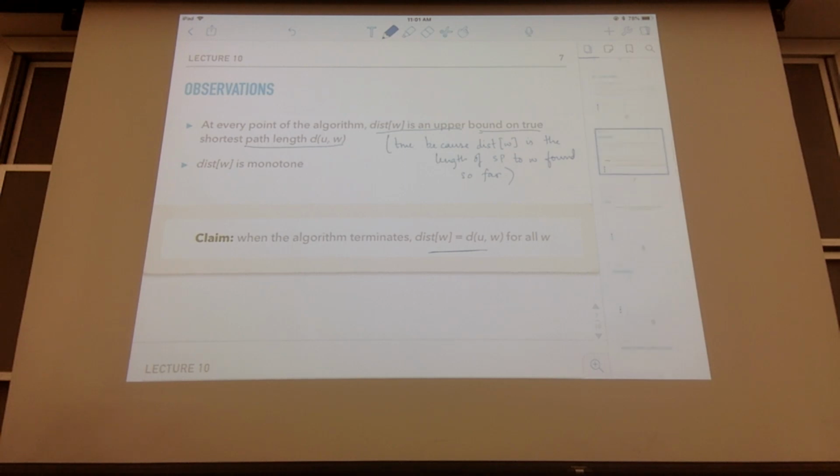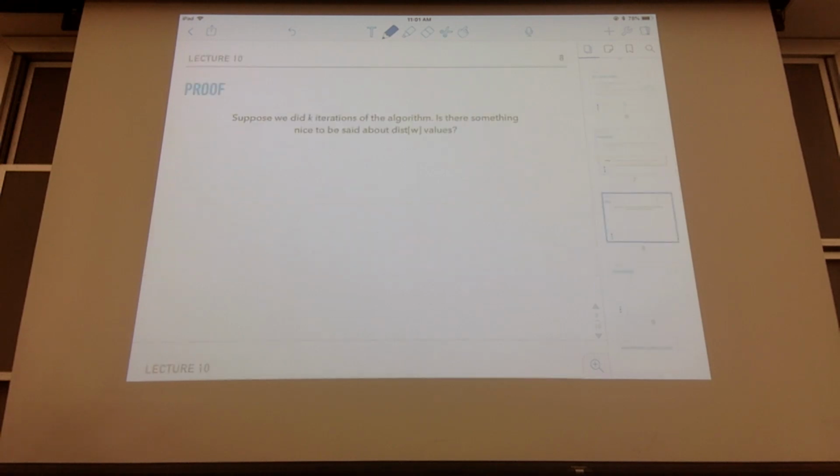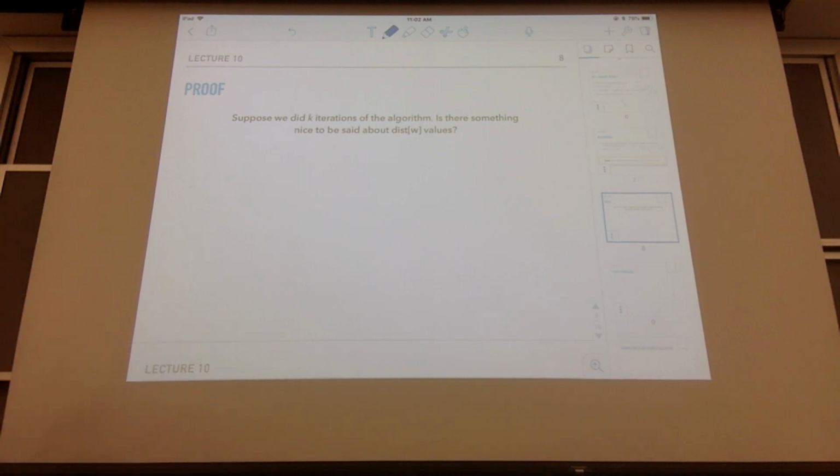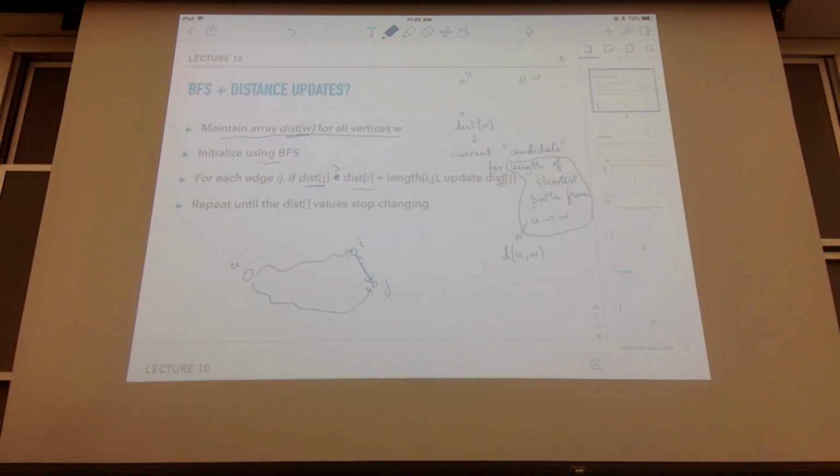So how do we prove this? Usually, as we've been seeing, you want to prove something by induction. So the question we ask ourselves is, can you say something nice about what the algorithm is doing after it has executed for k iterations of this step?